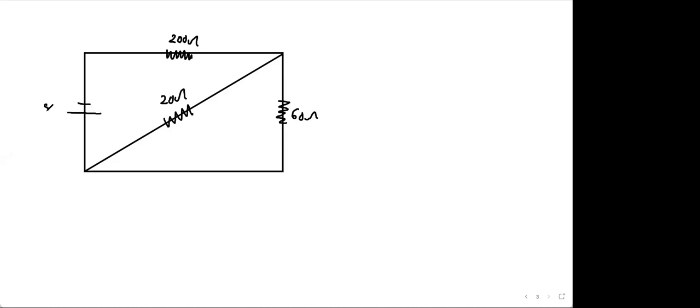This is 5 volt. This is 4 volt. That's it.